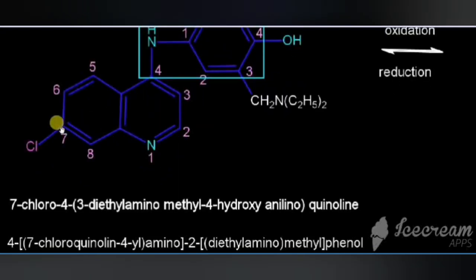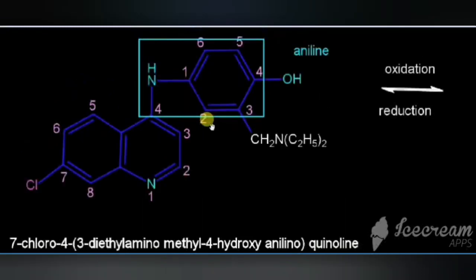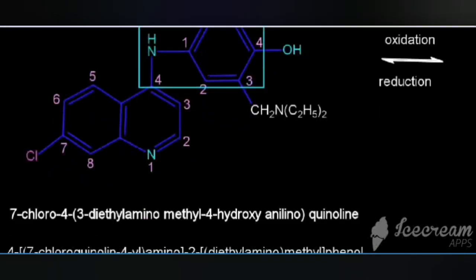So here we have 7-chloroquinolin-4-yl. The 4th position of quinoline would be attached, that is why quinolin-4-yl. Here we have amino and according to phenol this is the second carbon, that is why 2-diethylaminomethyl phenol. So that is the chemical name.